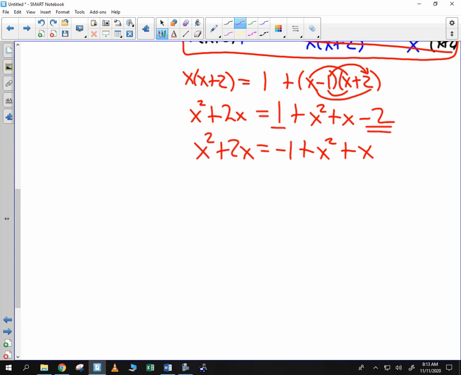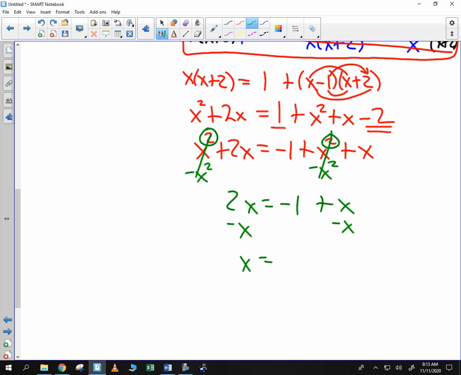Notice this equation is of second degree, meaning that the exponent is 2. As soon as you have an exponent higher than 1, you need to gather everything on the same side. So I'll subtract the x squared over. And once I do that, those actually cancel. And I get 2x is equal to negative 1 plus x. I'll just subtract the x over, and I get x is equal to negative 1. And that is my solution.